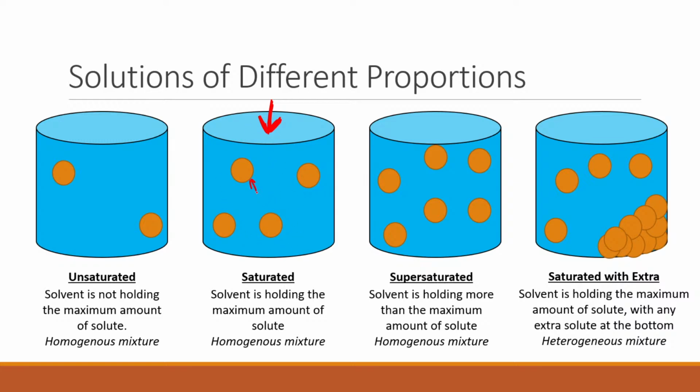And in this case, that's these orange dissolved molecules. Because it is saturated, it is holding the maximum. Right? I chose, when I made this slide, that 4 orange balls would be saturated for this cup.